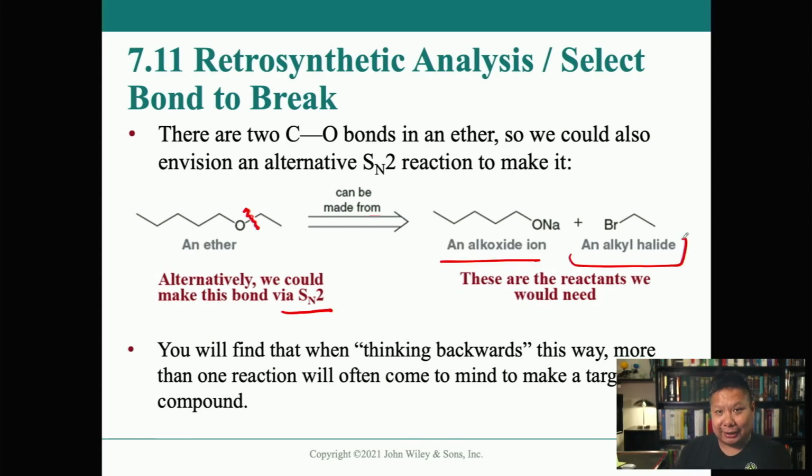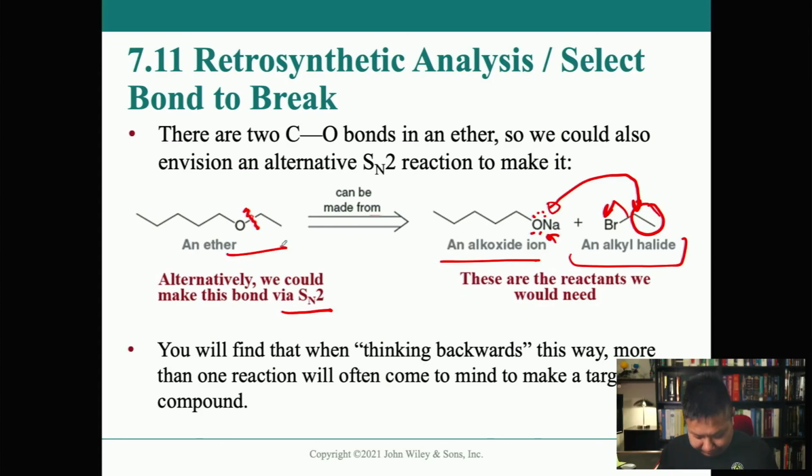Thinking backwards again, the same thing happens here. The alkoxide ion comes over here, bromine leaves as a leaving group, and you now have this ethyl attached to the oxygen, giving you the ether, right? You'll find that when thinking backwards this way, more than one reaction will come to mind when you're trying to make a target compound.